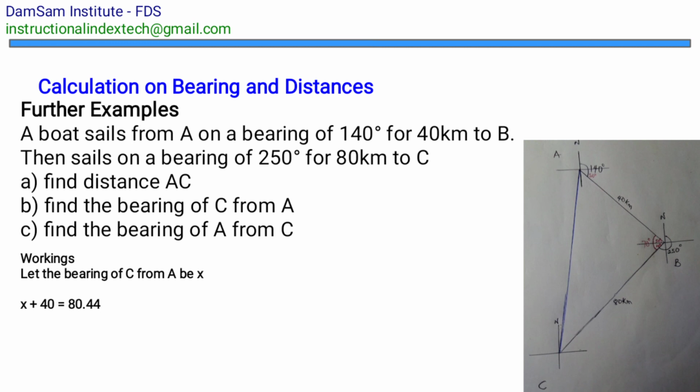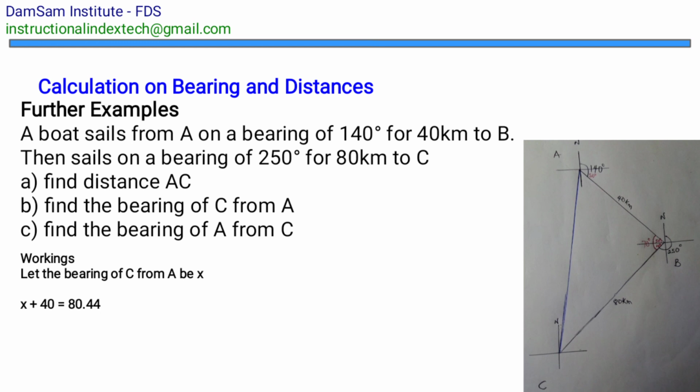Then, if we look at this very carefully, we would see that the angle at A has 40 degrees, the later part of that 50 at the southeast of A, which will make it 90 degrees.